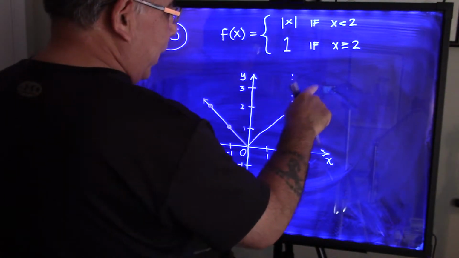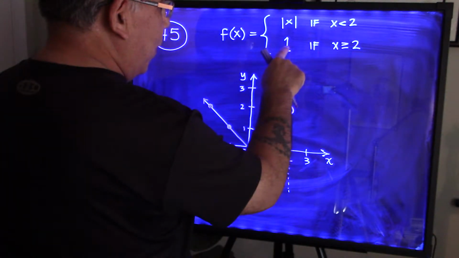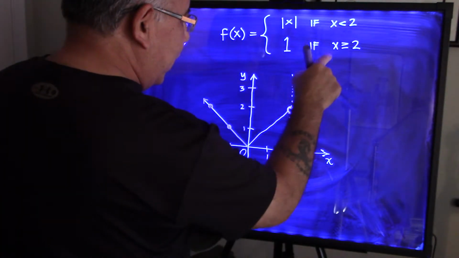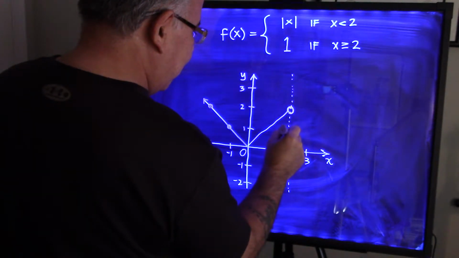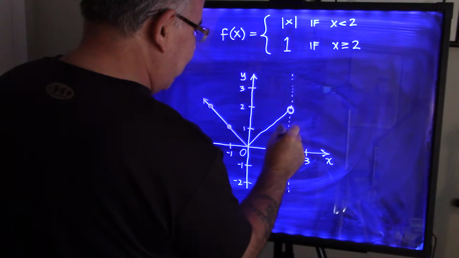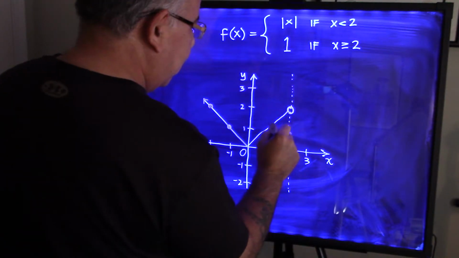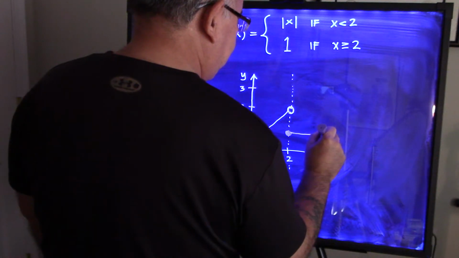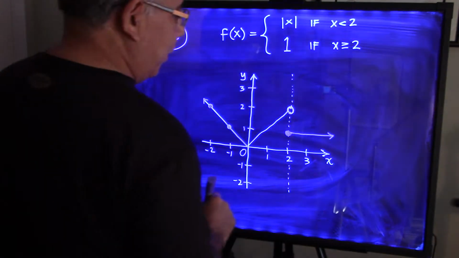And then if x is greater than or equal to 2, y equals 1. Okay, so now we're including x equals 2 here, so I'm putting a solid circle here. And it's just a horizontal line like that. Keeps going.